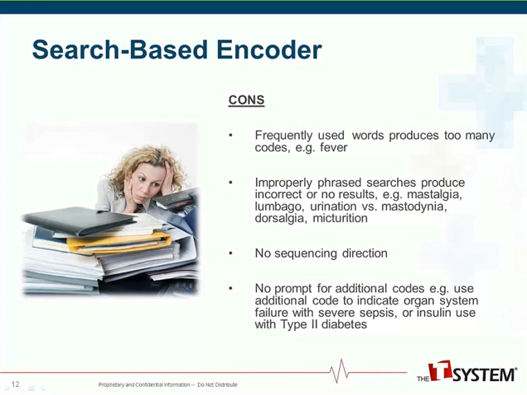It ends up being pretty much useless. So providing filters is very helpful in that situation. Another pitfall of a search-based encoder is that with a lot of them, you have to phrase your search exactly right in order to find exactly what you're looking for. This is something I experienced with the search tool that I used for many years.